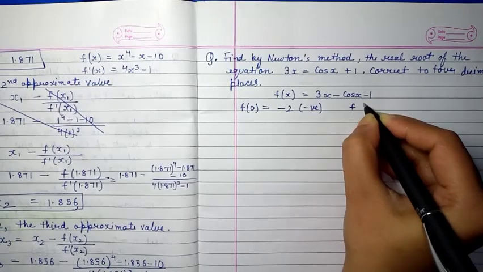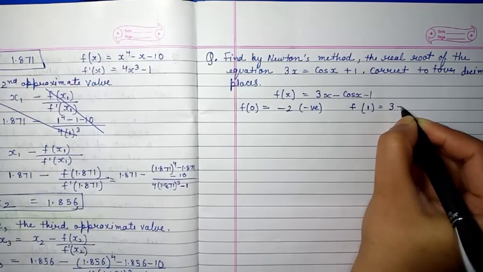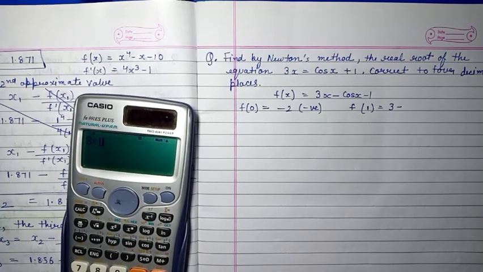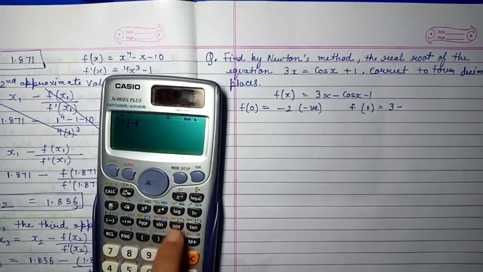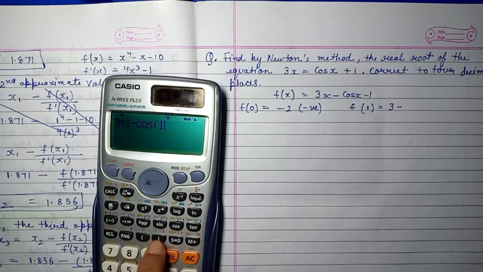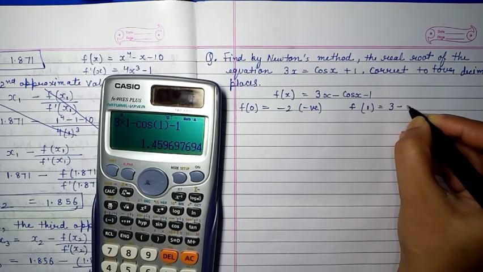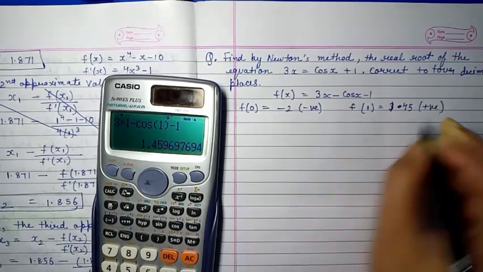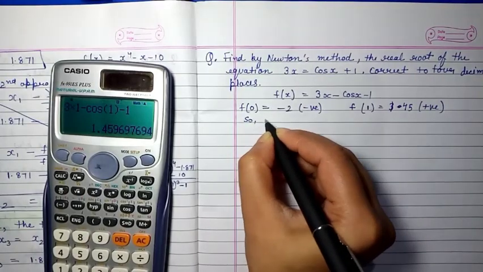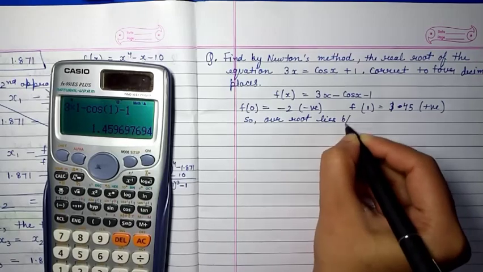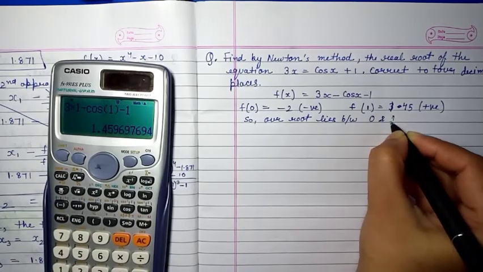And if we put 1, then it will be 3 multiplied by 1 minus cos 1 and then minus 1, so you will get 1.45. So 1.45, in the whole calculation you get 1.45, which is positive. So this shows that our root lies between 0 and 1.